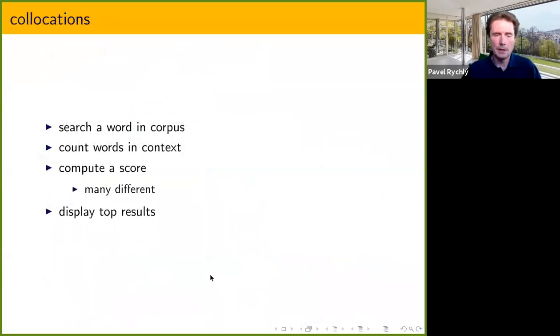Okay, so these are the reduced counts, and now collocations. Collocations can be computed using this algorithm. We search the word in a corpus. It could be a word or anything else. We count words in the context of all occurrences, and we compute some score.